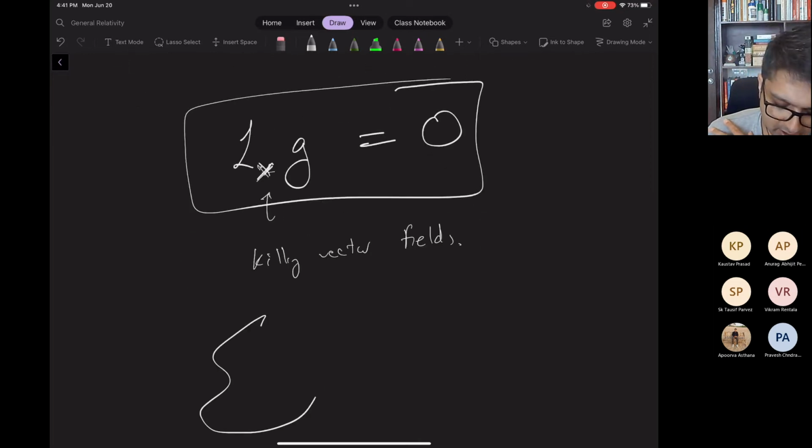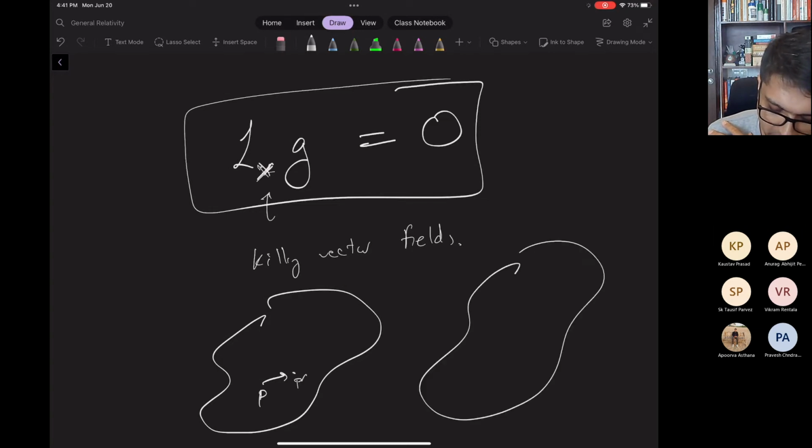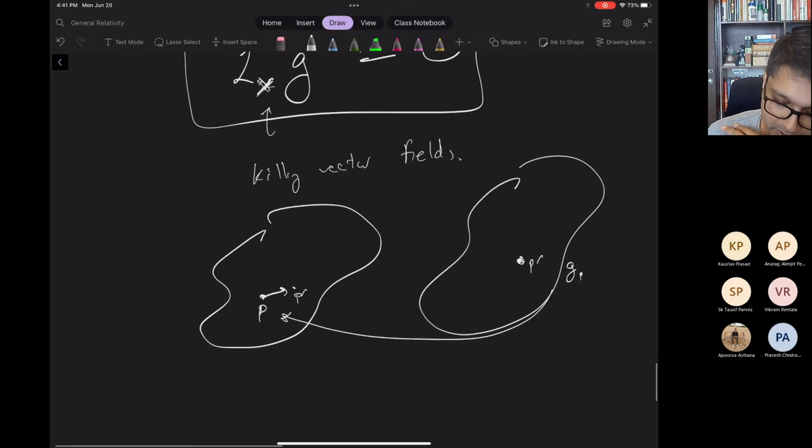That is, when I transform P by going along this flow to the point P prime, in the copy manifold I'm at the point P prime. And now I take the tensor here, I pull it back to the point P and compare with the original tensor at the point P, and I take the difference between those two.